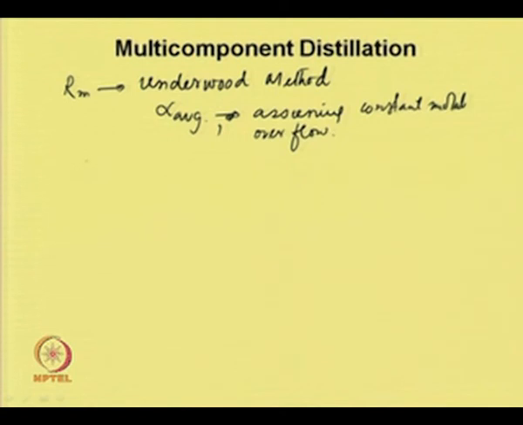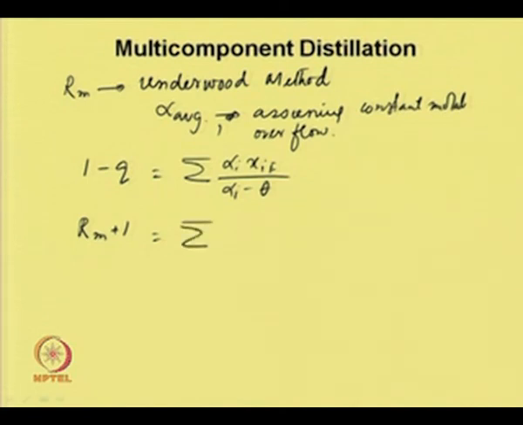these are the following equations: 1 minus q is equal to summation of alpha I x I f divided by alpha I minus theta, and then R m plus 1 would be equal to summation of alpha I x I d divided by alpha I minus theta.